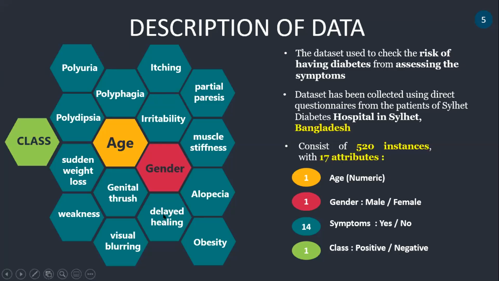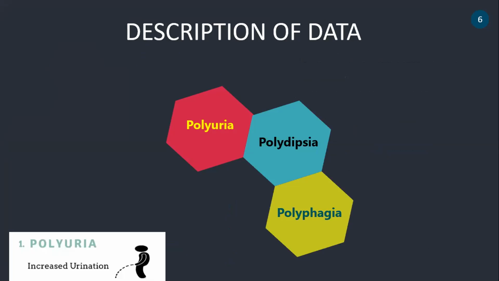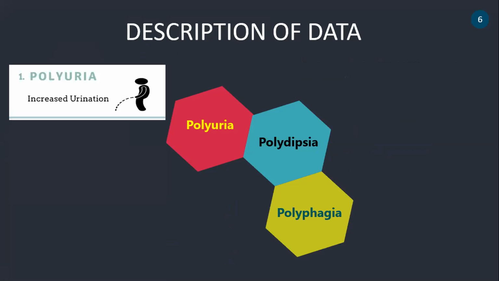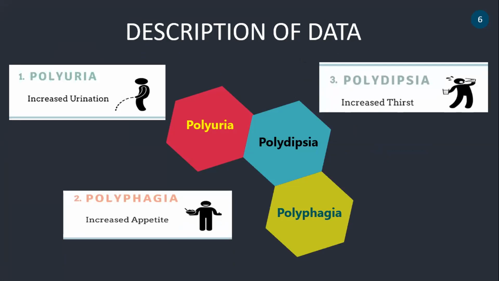You can see that the 14 variables here, in blue, are the symptoms, and some of the terms might not be common to us, for example polyuria, polydipsia, and so on. I will explain further. Polyuria, polydipsia, and polyphagia are very common in diabetes. Polyuria is increased urination, polyphagia is increased appetite, and polydipsia is increased thirst.